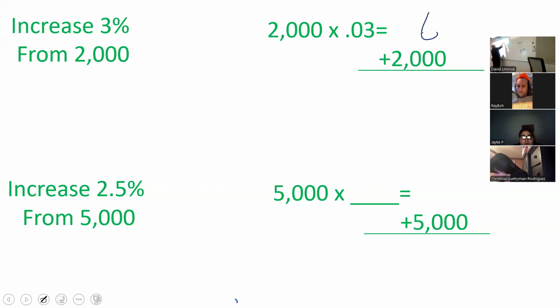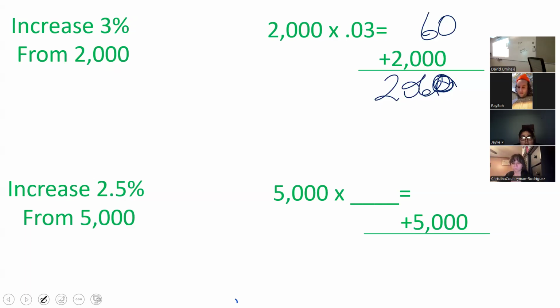So 60 is my increase. 3% of 2,000 is 60. Now, if I want to increase it, I have to add to my 2,000. So I get 2,060. So if I had 2,000 guests this year and I want to increase by 3% for next year, my goal is to serve 2,060 people. Does that make sense?